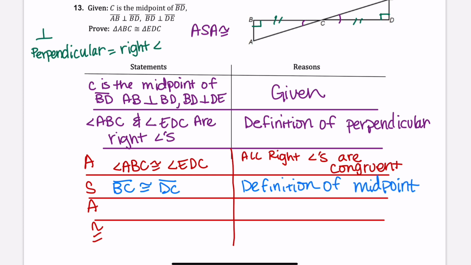Now our last one is another angle. This angle here is congruent to this angle here because they are vertical angles. So I'm going to go ahead and write vertical angles. And we'll say BCA is congruent to, now if I look here, BCA goes to DCE.